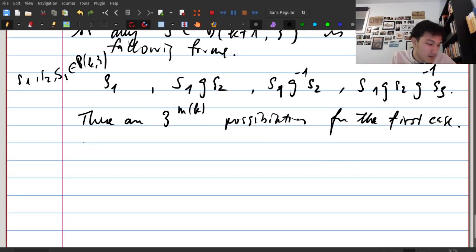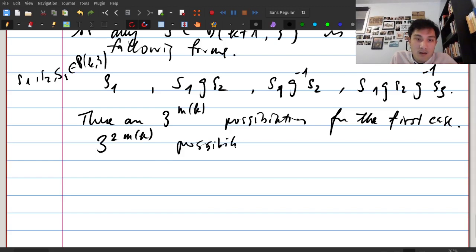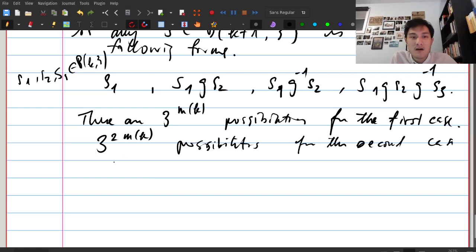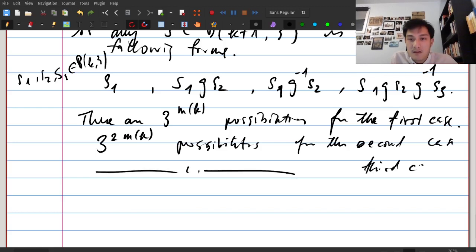Then there are 3 to the 2MK possibilities for the second case. The same thing for the third case, right? So S1, S2, S1, S2.